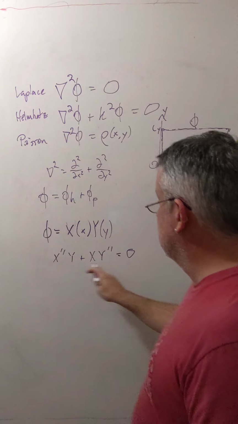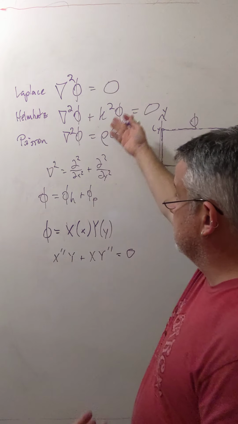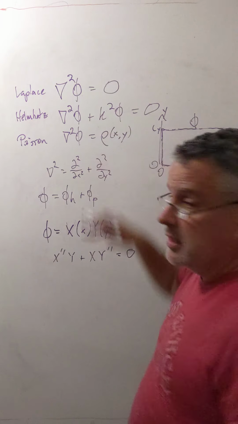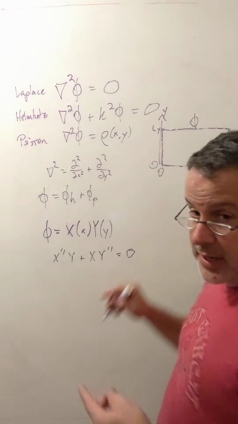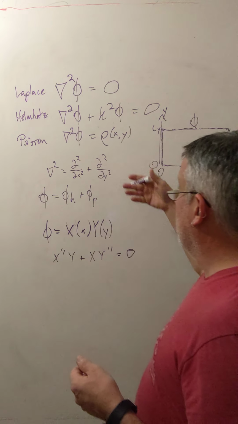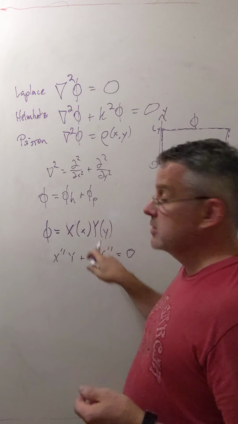That's my Laplace equation. I can divide through. Since these are homogeneous, they're all satisfied if phi equals 0. But that's a trivial solution, and it probably doesn't match the boundary conditions. What I'd like to do instead is divide through by x times y, which is just this particular phi.